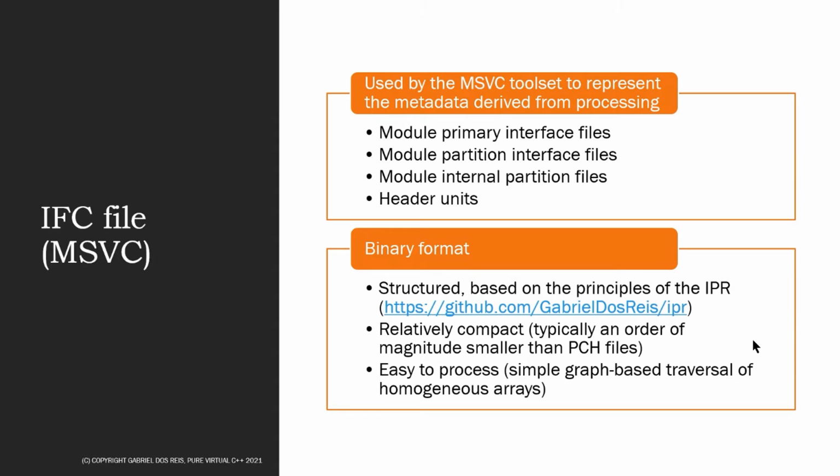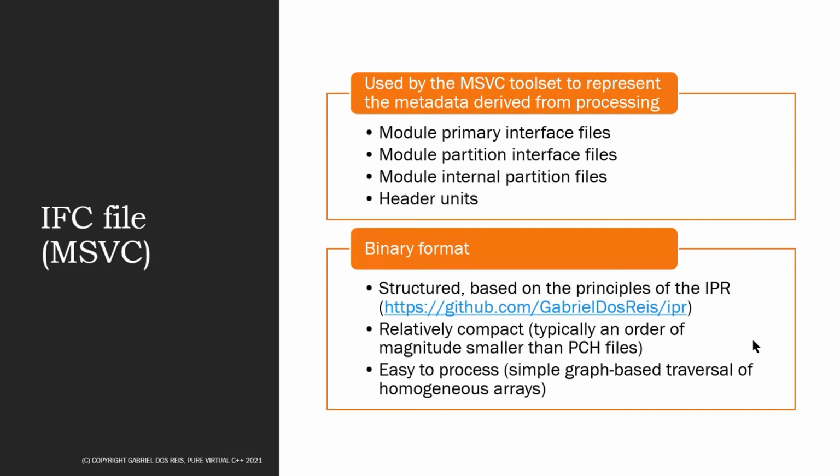This format is used to compile the module primary interface, partition interface, internal partition file, and also header units. These strange header files that turn into some kind of modules.